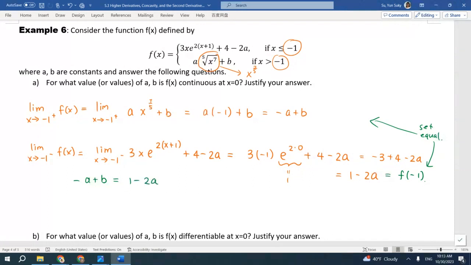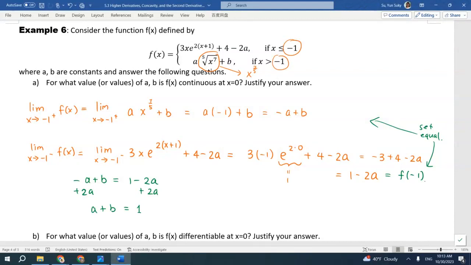And when we see an equation with 2 variables, we like to move the variables to the left-hand side. So let's move the 2a to the left-hand side. So we add 2a on both sides. And then on your left-hand side, do you see 2a minus a is a? So we get a plus b equals 1.